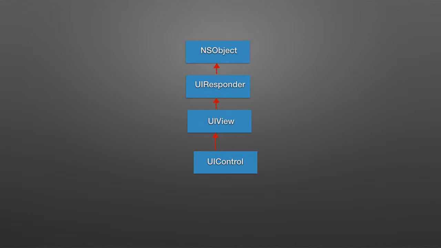This notion of polymorphism, that something like a control can behave like a view, is very important in a lot of aspects of setting things up in Xcode, because for instance, if you have a custom class that you've implemented, you can drag a base class into the storyboard from the library, and then you can go ahead and change its type to the subclass that you implemented.